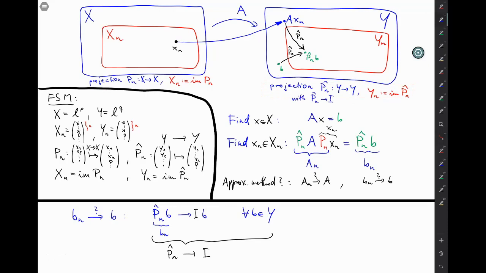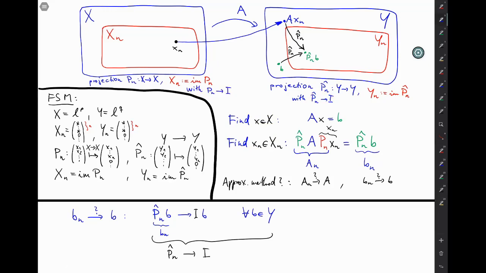And for similar reasons, because these elements xn, which are coming from capital Xn, shall converge to our proper solution x, which could be anywhere in x, we will need the same condition also on the other side for these projections here.